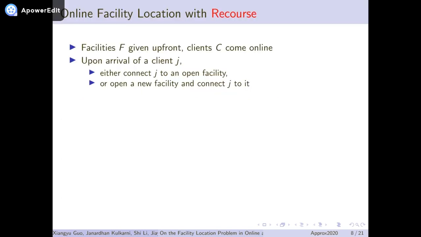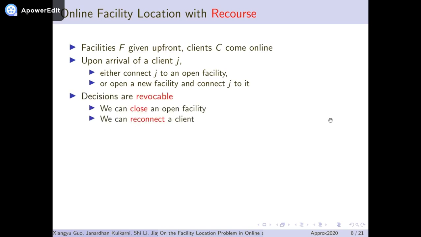So we consider online facility location with recourse. That's not much different from the setting without recourse. The facility set F is given beforehand and clients come one by one. For each client, we need to connect it to an open facility or open a new facility to connect it.